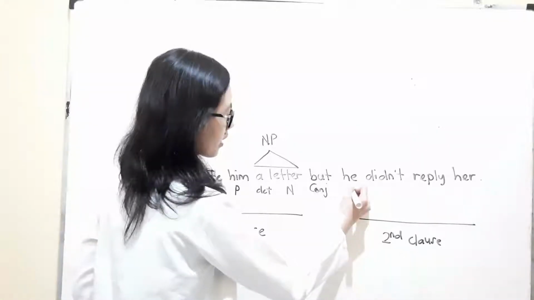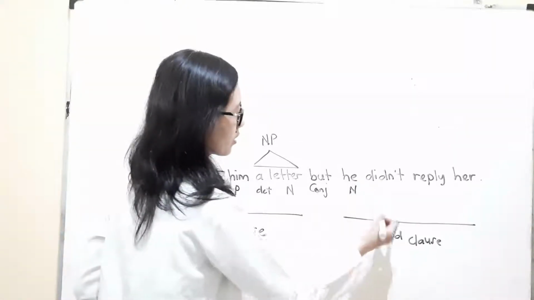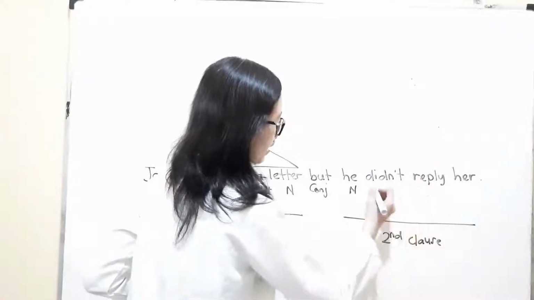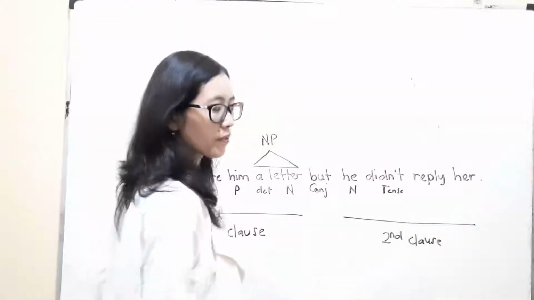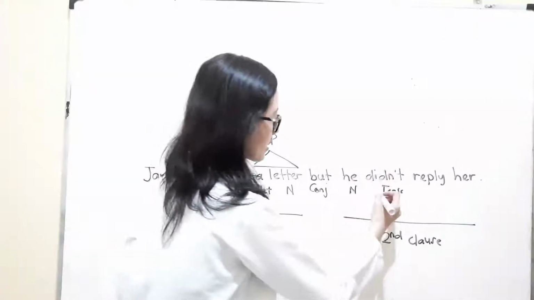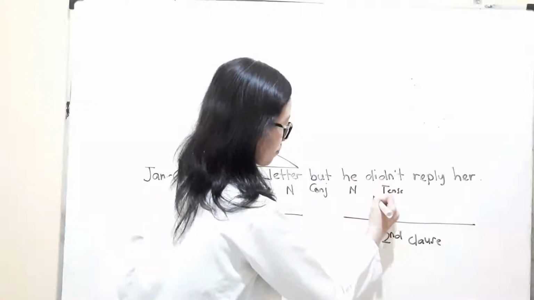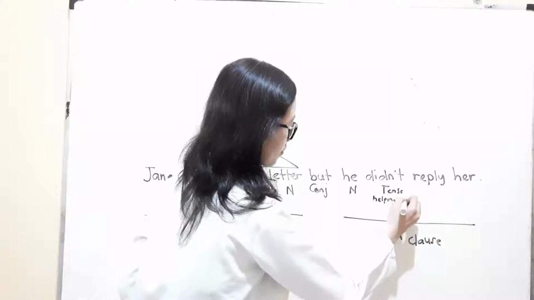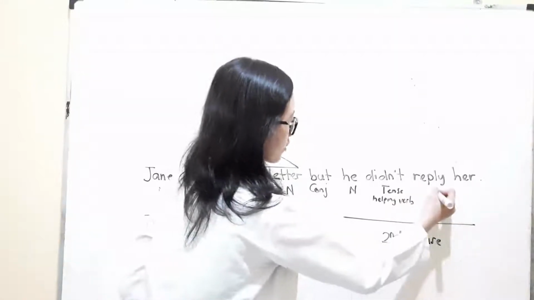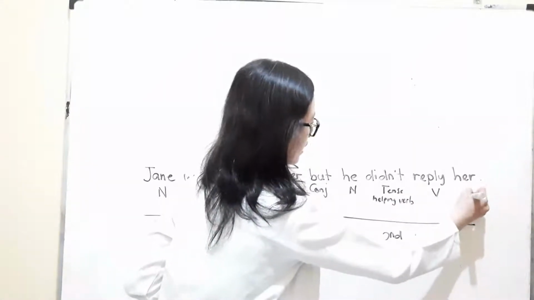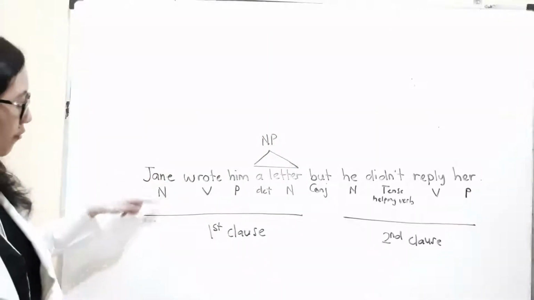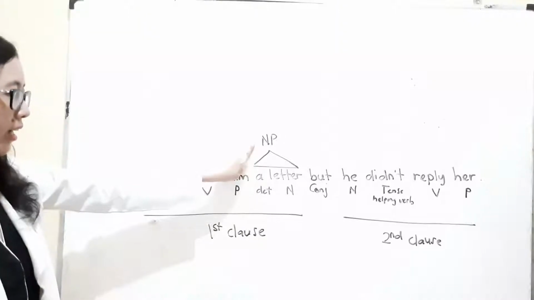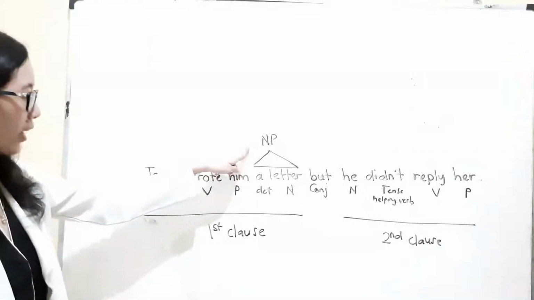He is the noun, didn't is the tense. Some of the sources say that this is the helping verb. Reply is the verb and her is the pronoun. So we only have one phrase here, which is a noun phrase.